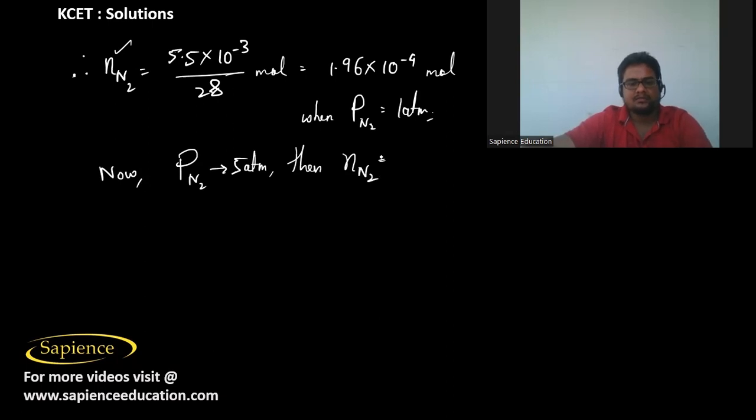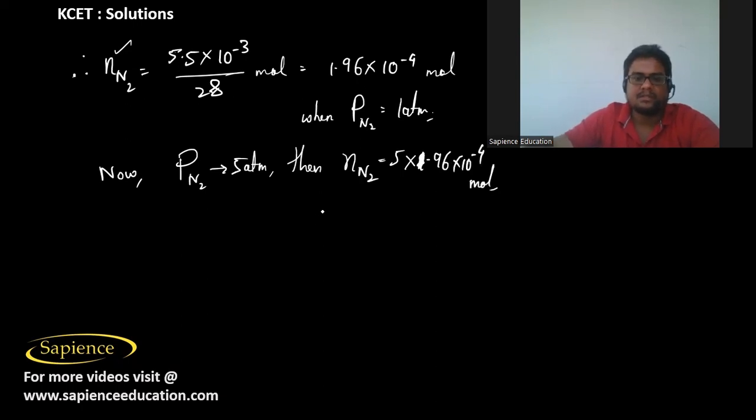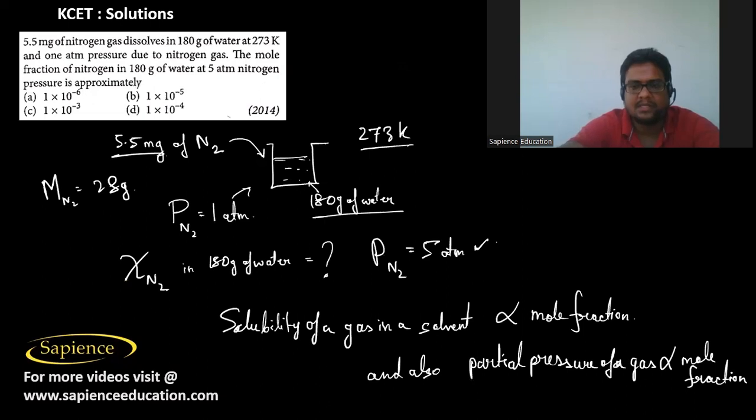So the number of moles of N2 will be equal to 5 into 1.96 into 10 power minus 4 moles, since, as we told, partial pressure is directly proportional to the mole fraction.